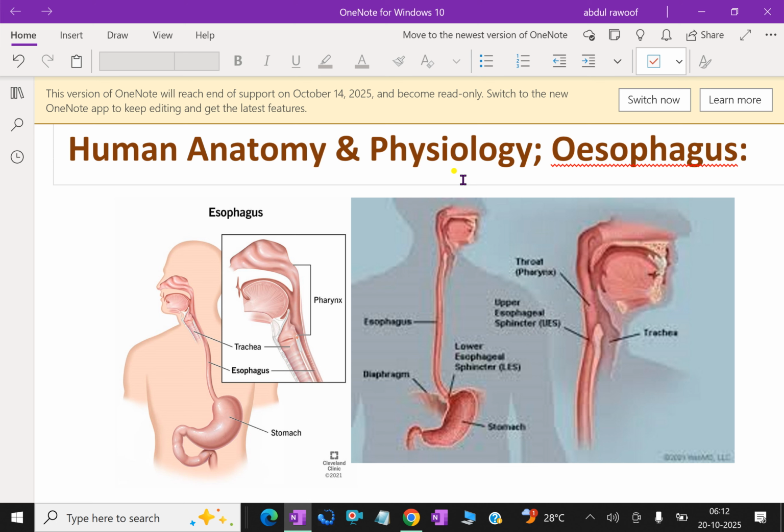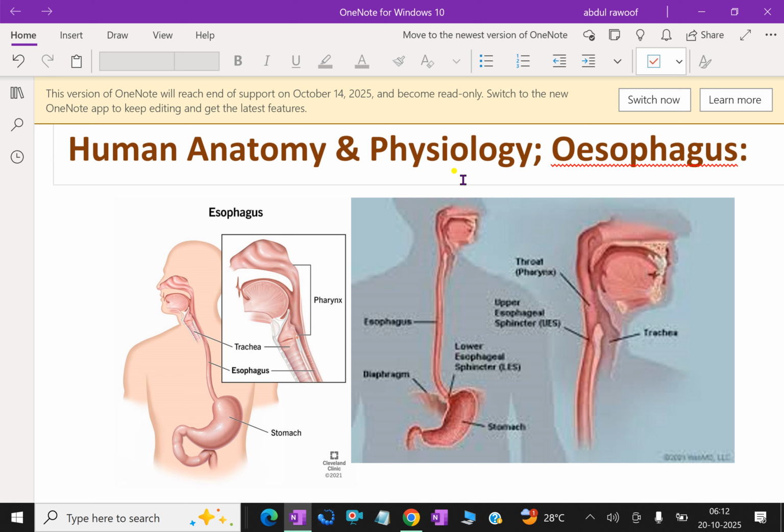There are four layers of tissue, as shown in the figure, as the esophagus is almost entirely in the thorax. The outer covering, the adventitia, consists of elastic fibrous tissue that attaches the esophagus to the surrounding structures.